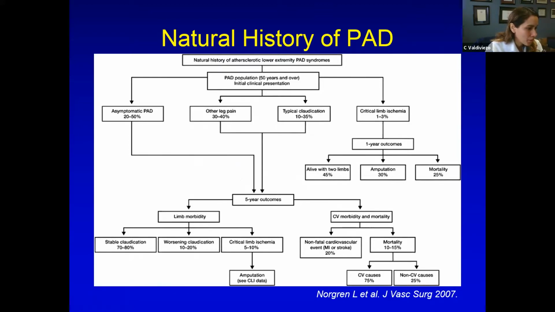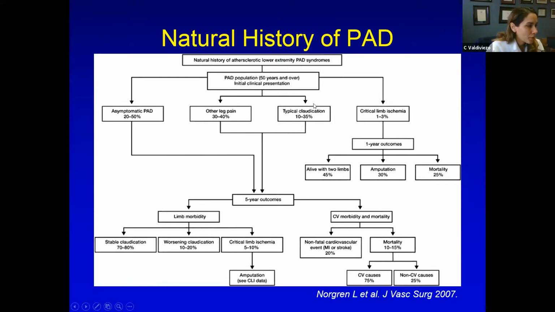So again, that's why we also consider peripheral artery disease as an equivalent for coronary artery disease, because these patients likely have disease in the coronary arteries and will experience higher cardiovascular morbidity and mortality. Mortality is also very elevated, 10 to 15%, with 75% due to cardiovascular causes and 25% due to non-cardiovascular causes.